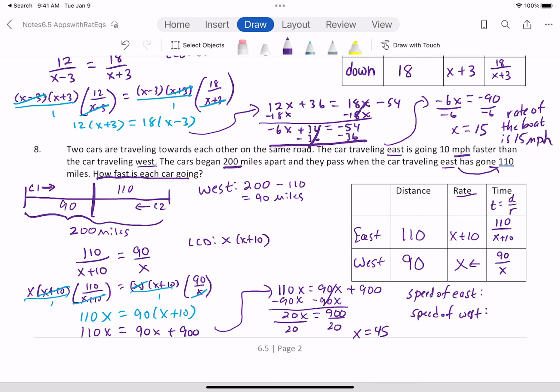That is the rate of the west car. So we know the speed of the west car is 45, and the speed in this problem is miles per hour. And then that means that the speed of the east car must be 45 plus 10, which gives me 55 miles per hour.